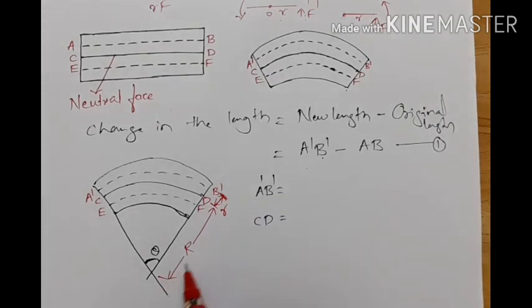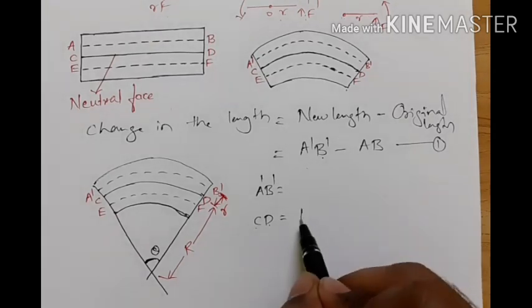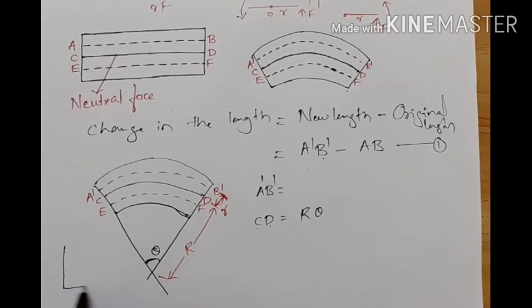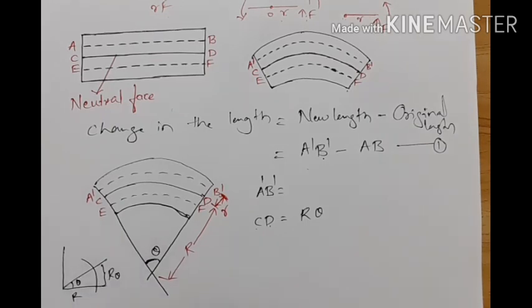According to trigonometry, what is CD? CD is the arc length. Can I write CD as r into theta? We know, according to trigonometry, if we have this arc and this is theta, and this is r, then r into theta is the arc length.